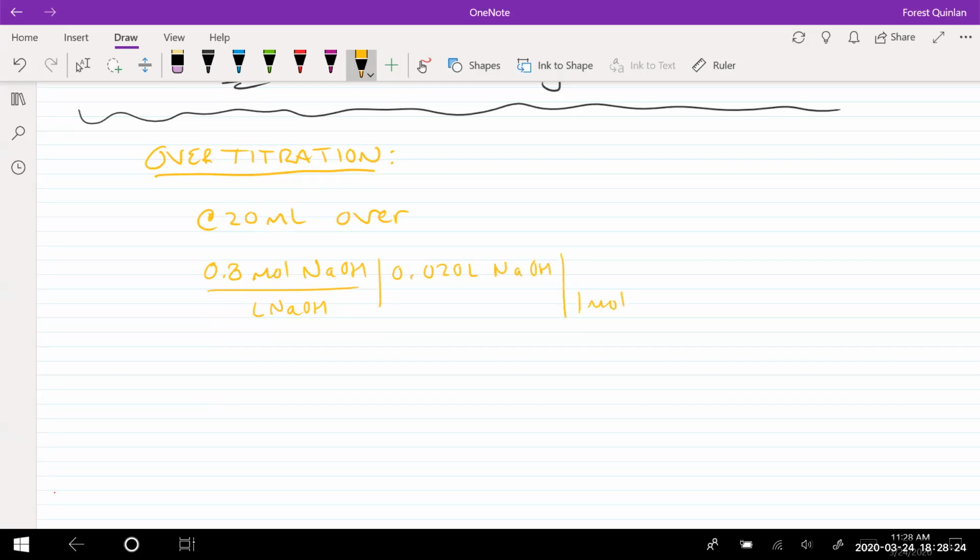We know that 1 mole of sodium hydroxide gives you 1 mole of OH minus, but now we need the total volume of the solution. And hopefully you guys realize it's 0.420 liters of solution. And again, that's the 100 mils initial plus the 300 mils to the end plus the 20 mils over.